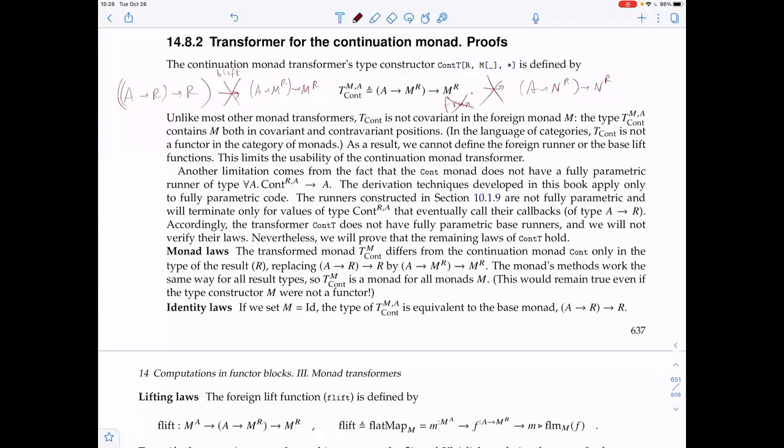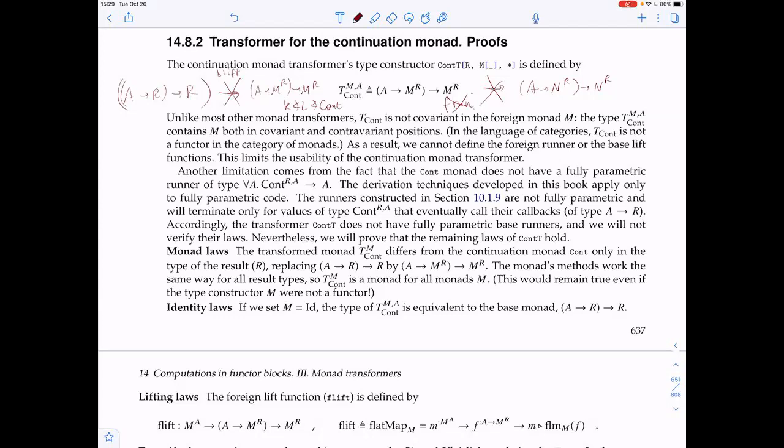So the only way to lift would be if continuation is at the end of the stack. So if you have some monad K, monad L, and then continuation at the end, then it's not necessary to use b lift. To lift, you use f lift to lift this value into the stack.